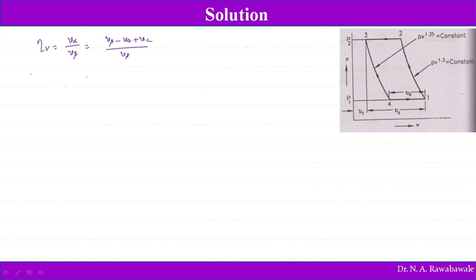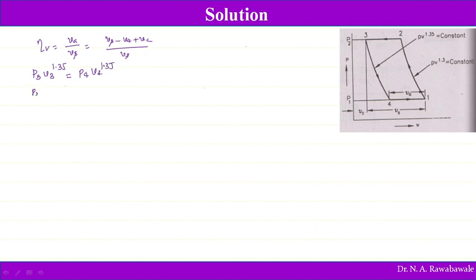So now we can apply the polytropic law for expansion. P3 V3 to the power of 1.3 equals P4 V4 to the power of 1.3.